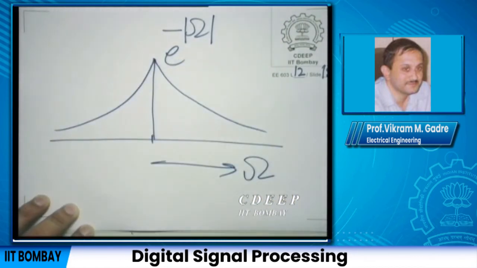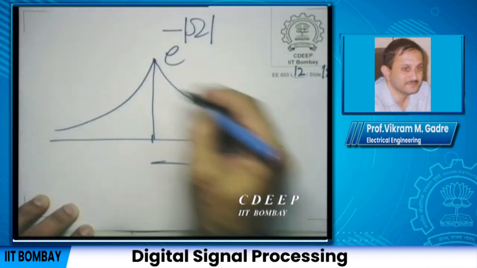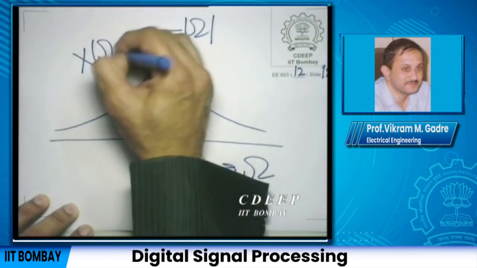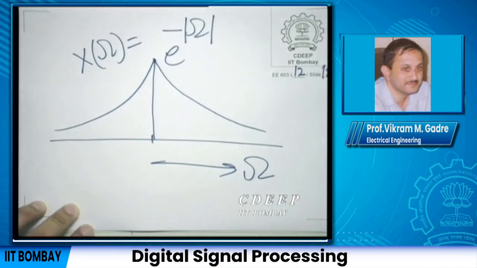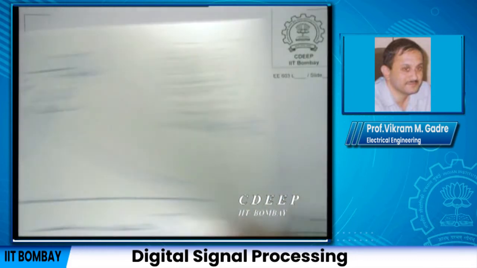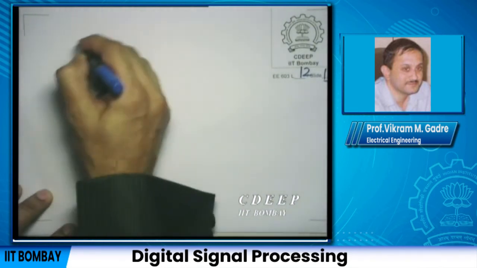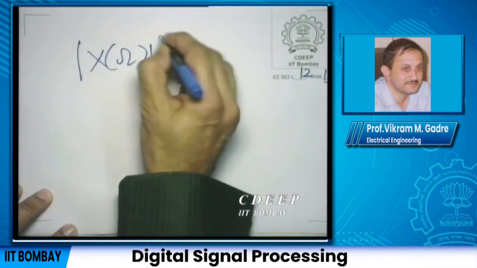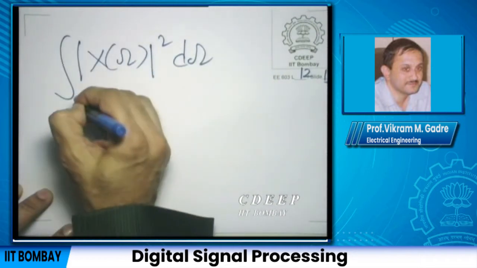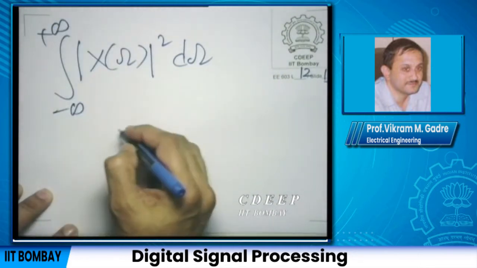This is the spectrum of a continuous time signal. Let us call this capital X of omega. And of course, the energy in this is easily seen to be finite: mod X omega squared d omega integrated from minus to plus infinity is of course finite.